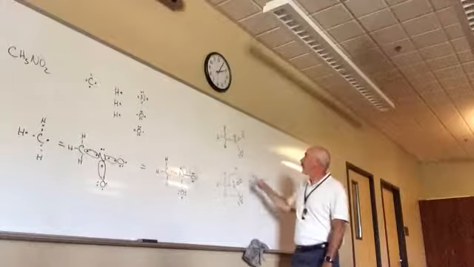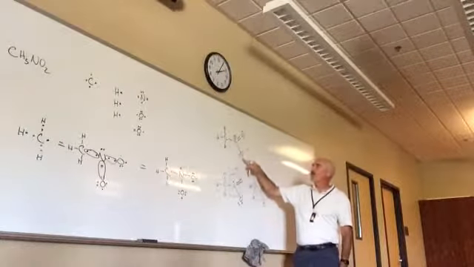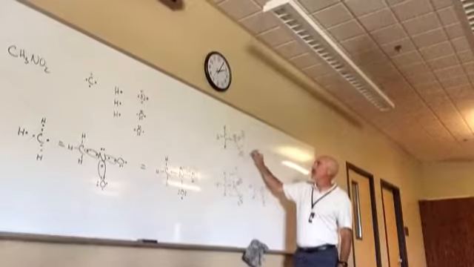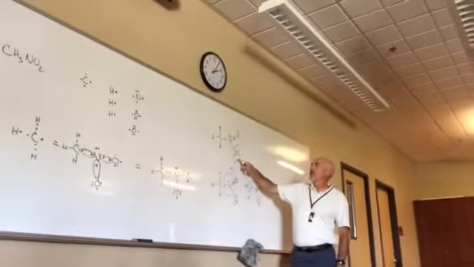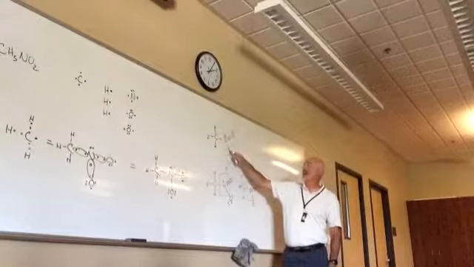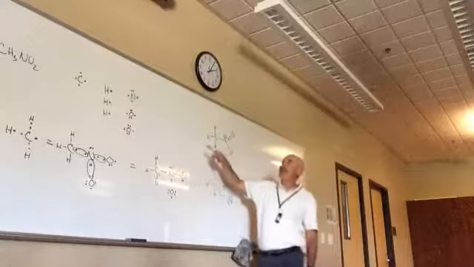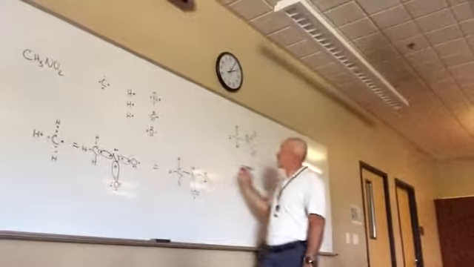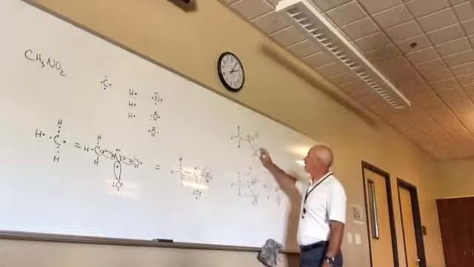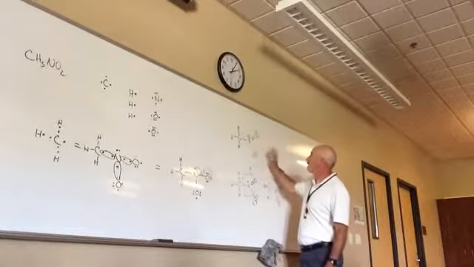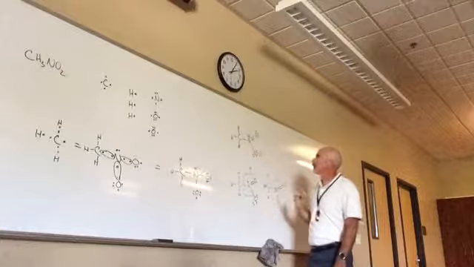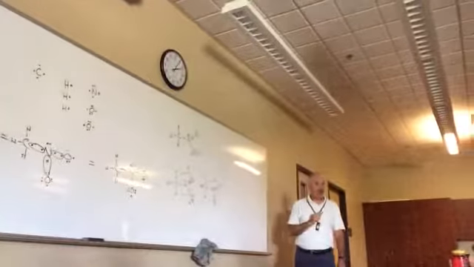Okay? And I look over here, how many electrons does oxygen have now? It has 2, 4, 6 plus that one there, 7. And how many does it want? 6. So oxygen is a minus charge. Is that okay?